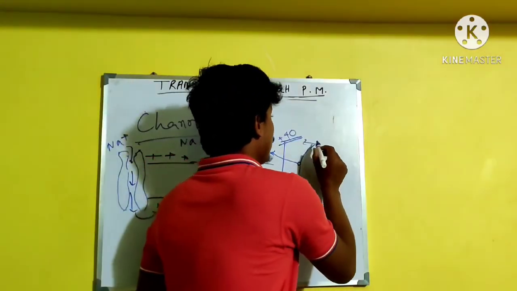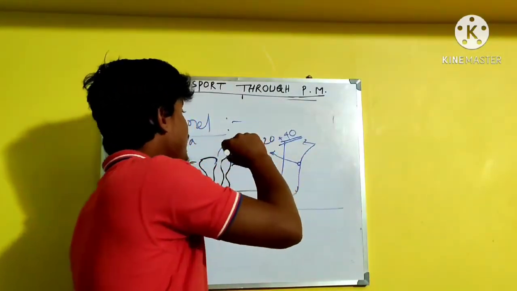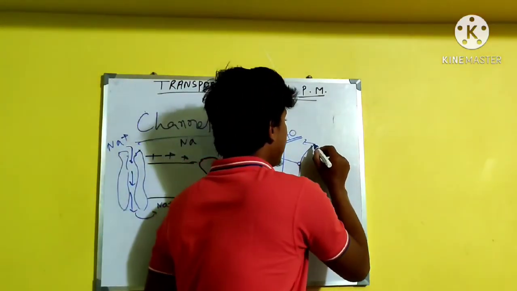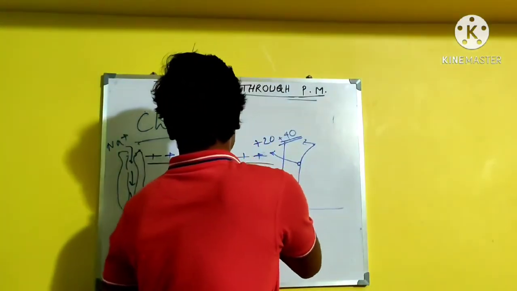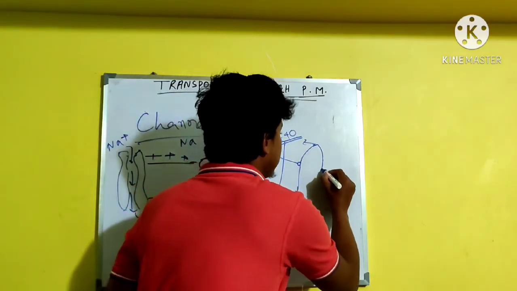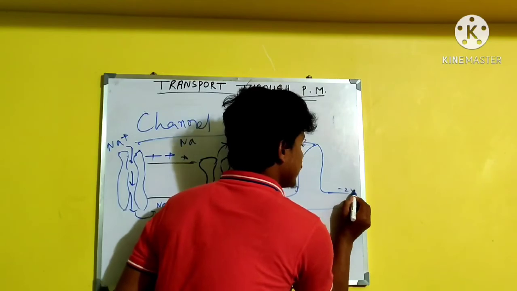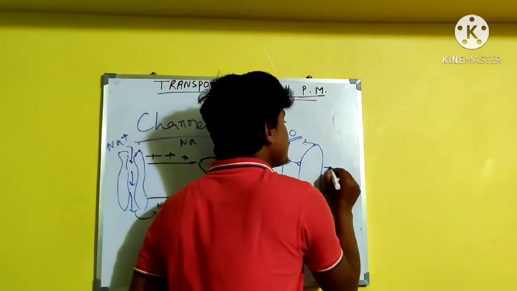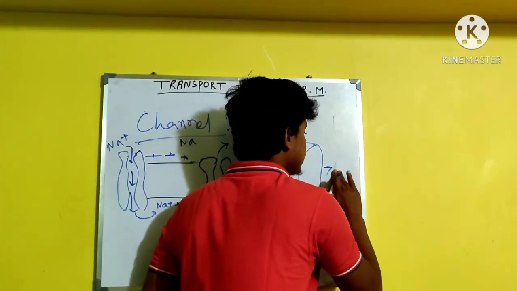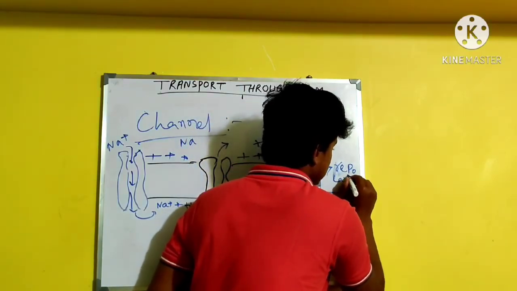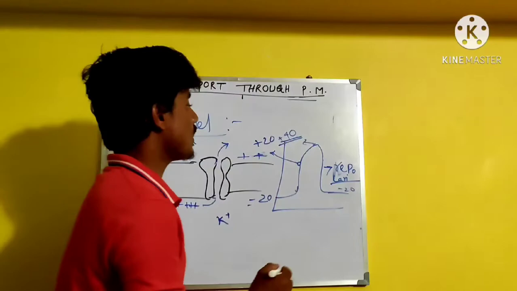And when K plus rapidly moves from the inside to the outside of the cell, the action potential will decrease and come to the point minus 20, and this is repolarization.